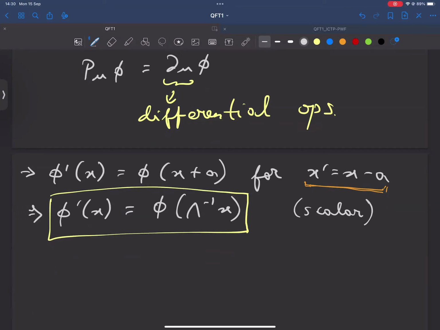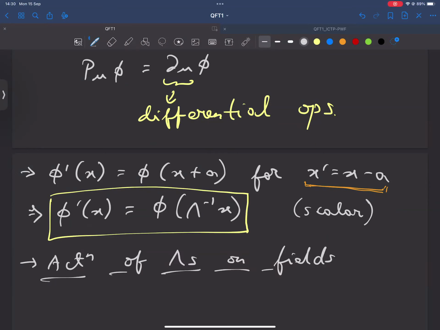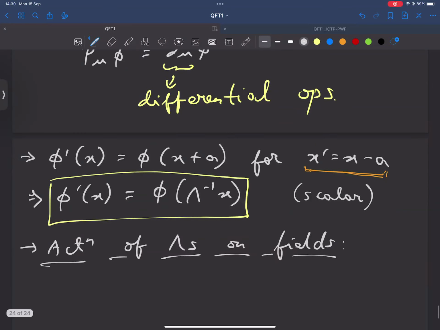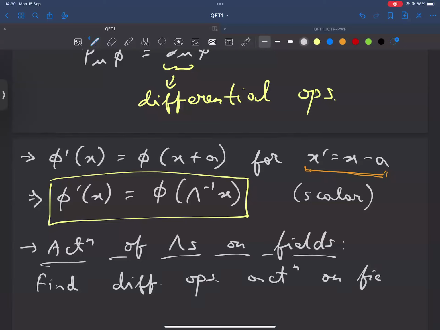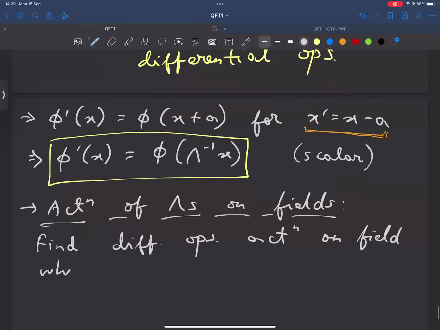Okay, now we understood the action of translations on fields. Now let's move on to the action of Lorentz transformations on fields. Again, our goal will be to find differential operators that act on fields, which generate these lambdas.